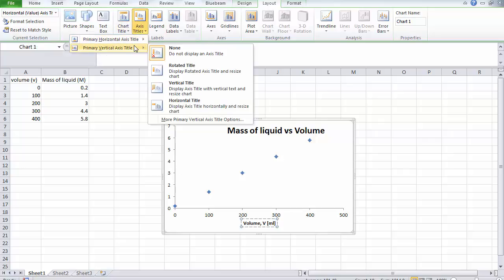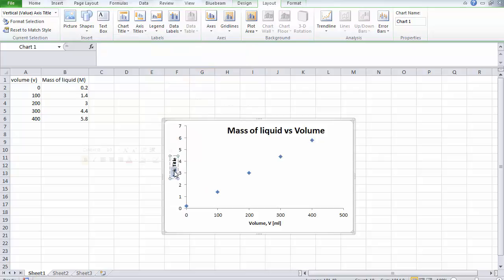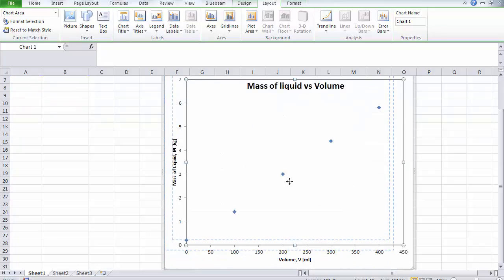Axis title vertical, rotate it, nice, fancy, highlight that, and here we have mass of liquid. Okay, the variable was M, and in square brackets the unit is kilograms. Okay, now the most important thing, what we need here is a nice trend line.